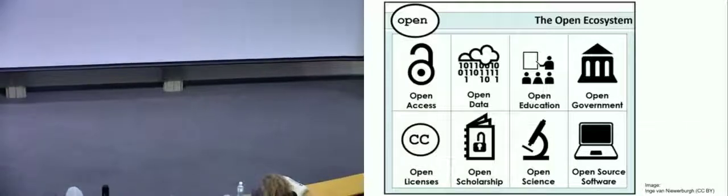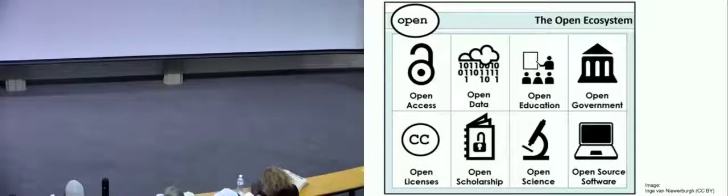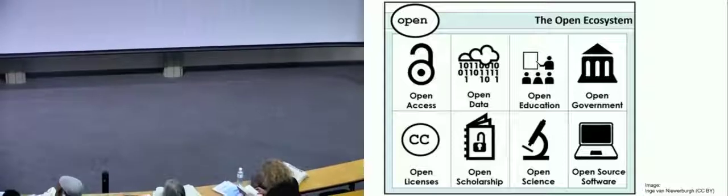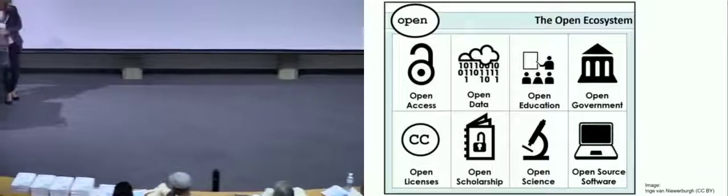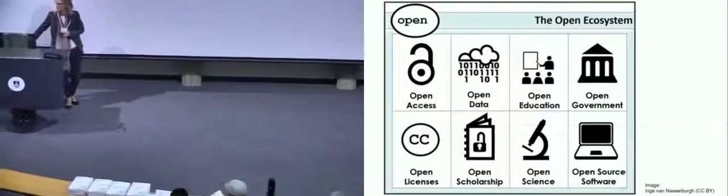Open access we know about is focused particularly on research, but we also have open data. In the bottom corner, we have open source software, who really pioneered this whole open ecosystem. And in the opposite corner over here are the Creative Commons licenses.